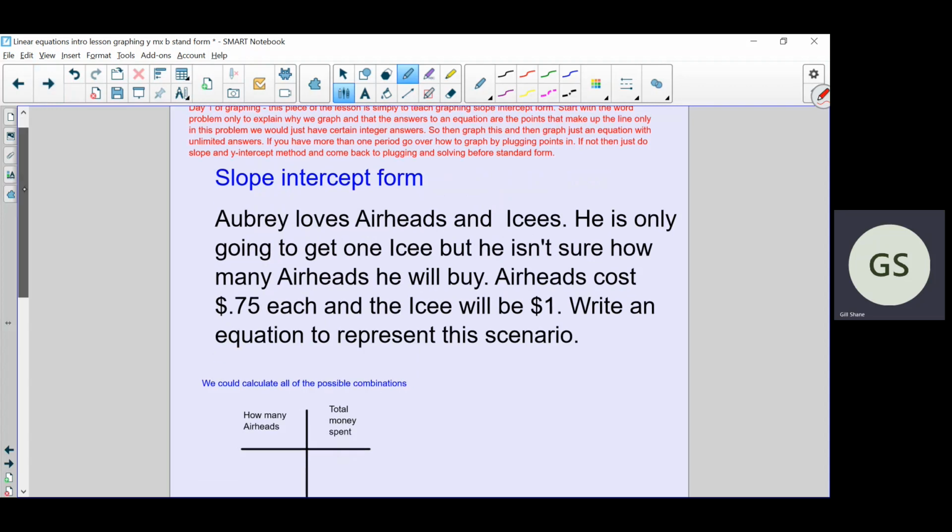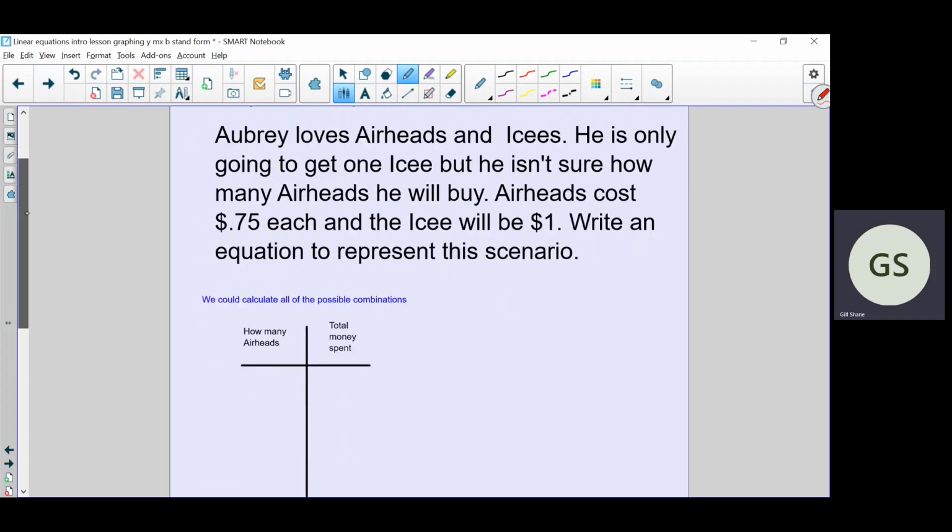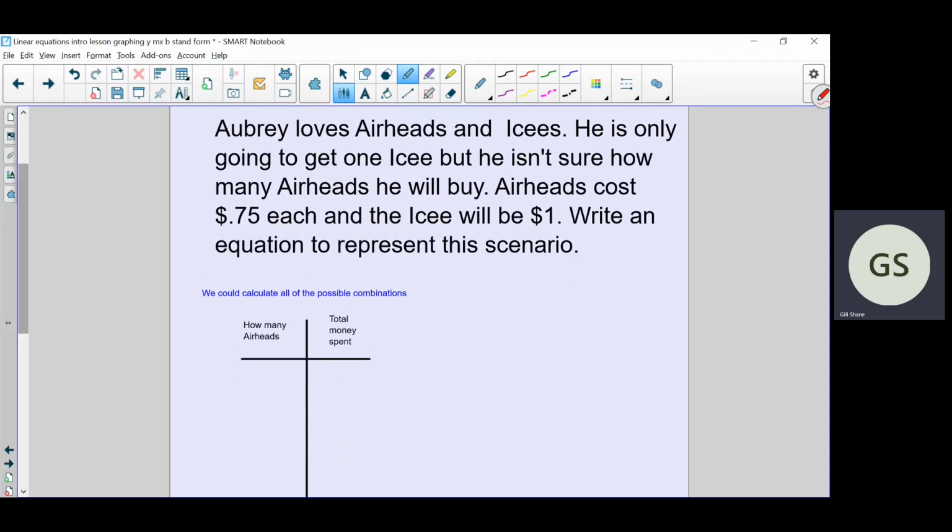So as an example, we use this word problem. We said, all right, well, actually, Aubrey was buying some airheads. And Aubrey didn't know how many airheads he was going to buy. So therefore, if he doesn't know how many airheads he's going to buy, he doesn't know what his total cost is yet. He does know he's going to buy one icy.